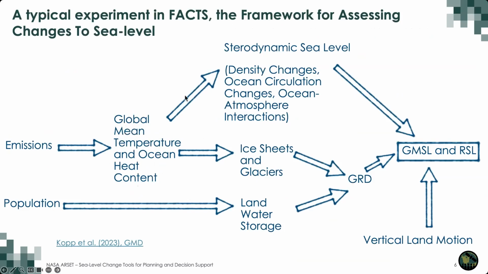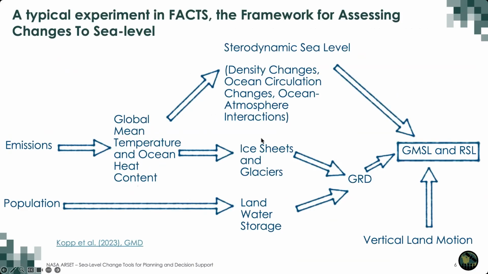These variables then drive a set of processes, one of which is called sterodynamic sea level. And those are those several processes I told you before are reasonably well represented in global climate models. Processes like changes in the density of the ocean as it takes up heat and as it has salt, processes like ocean circulation changes, processes like ocean-atmosphere interactions.